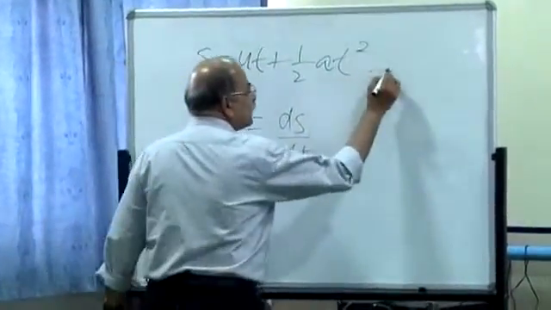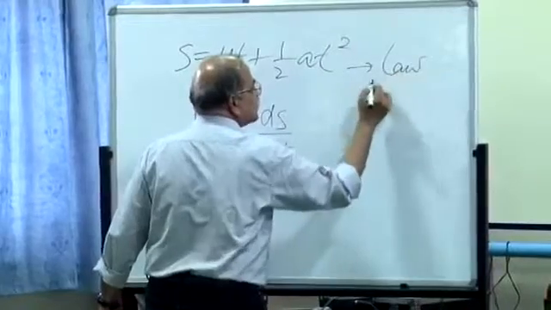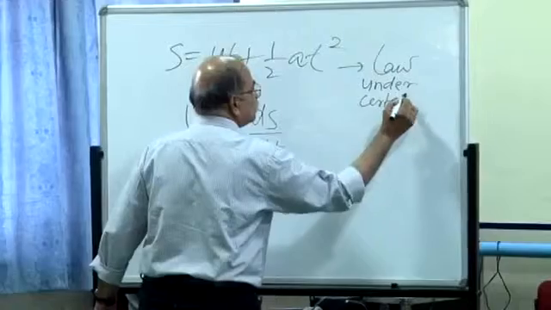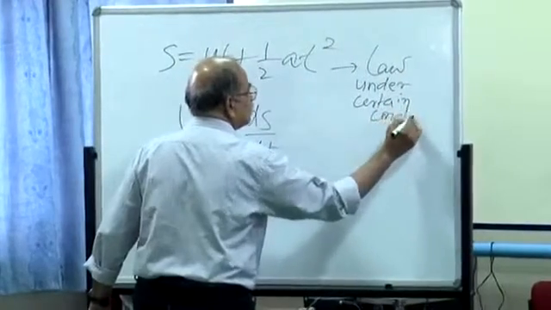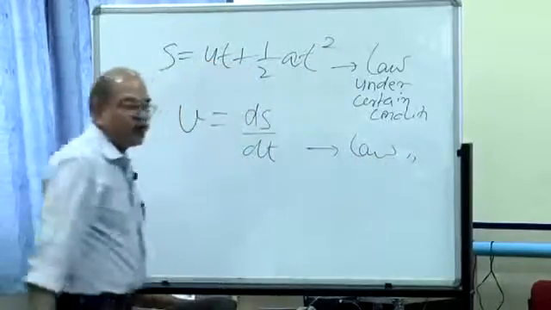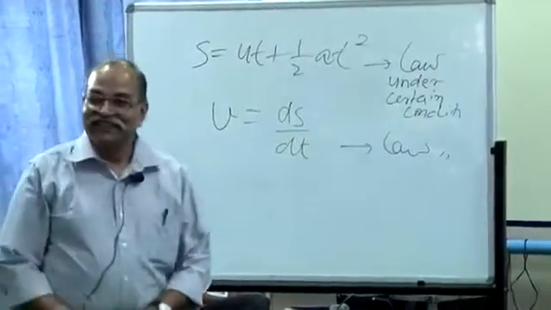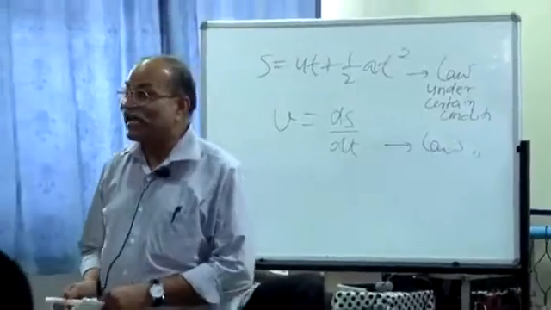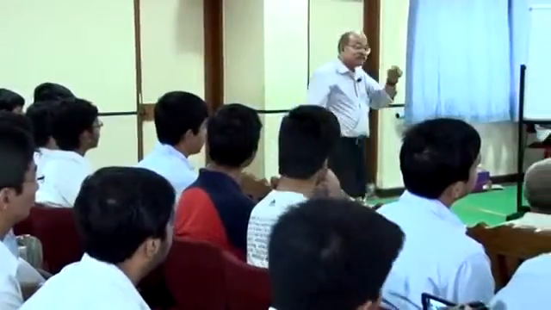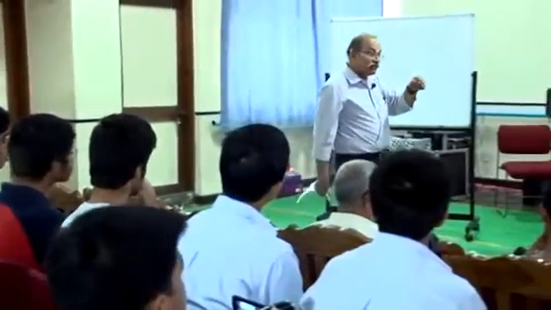Now tell me, is it a law under certain situations, under certain conditions? There's a difference between these two, the character of these two equations. The first one is a law.